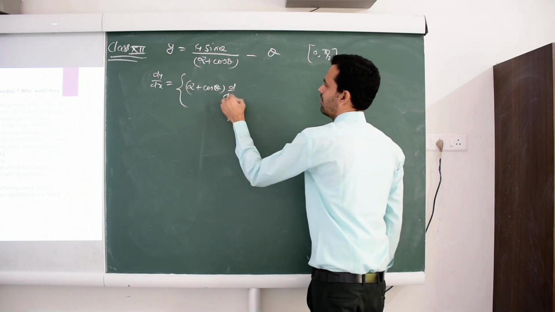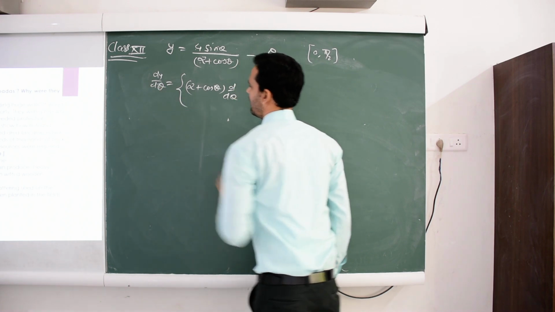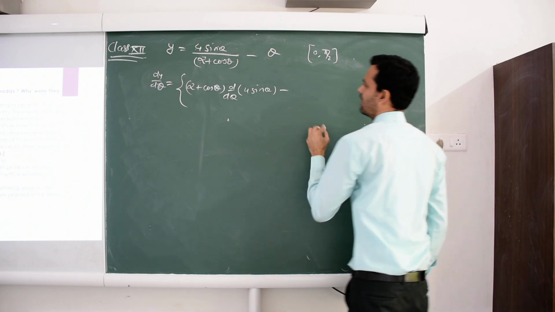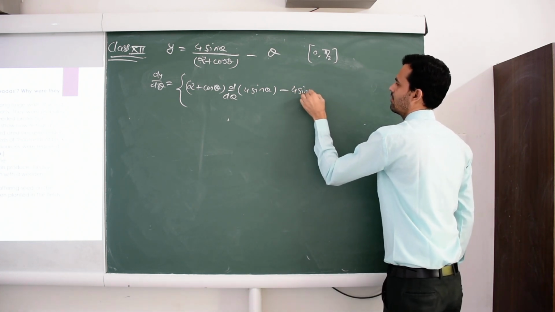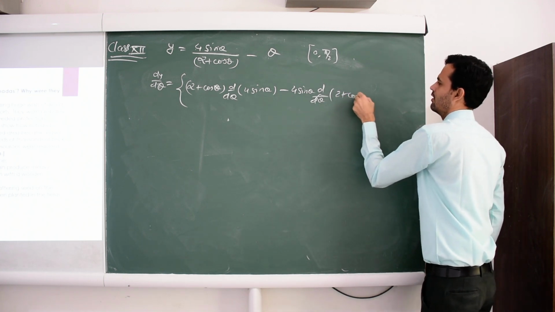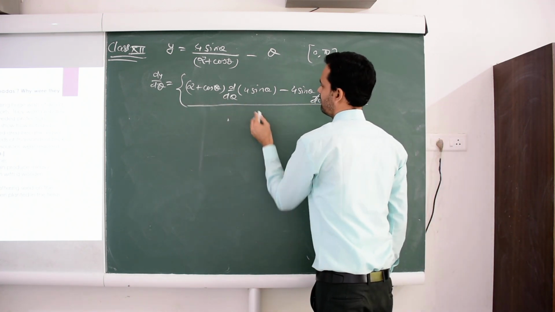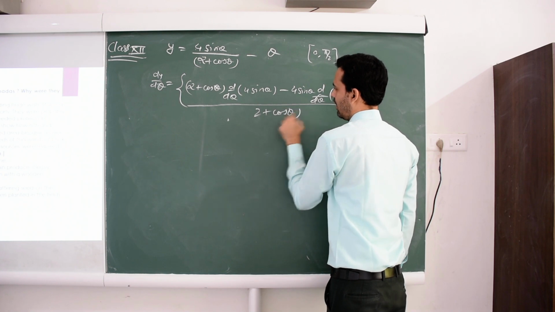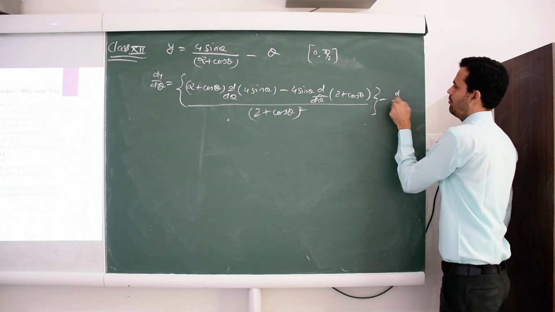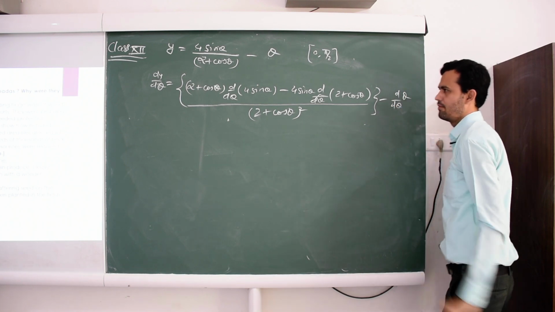Here we take dy by d theta. So it is 2 plus cos theta into d by d theta of 4 sin theta, minus 4 sin theta into d by d theta of 2 plus cos theta, upon 2 plus cos theta whole square, minus d by d theta of theta.